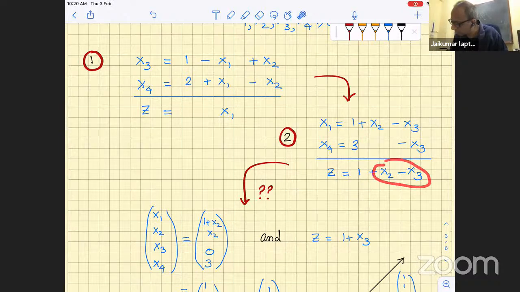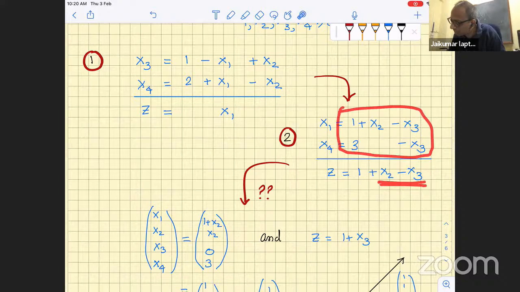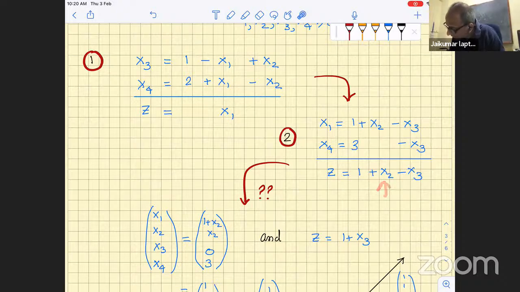Because we had equalities, we could substitute for some variables, and we have written everything in terms of the independent variables now. And now this x2 can be increased, and the objective function can be increased. But how much? At some point, we should get stuck.